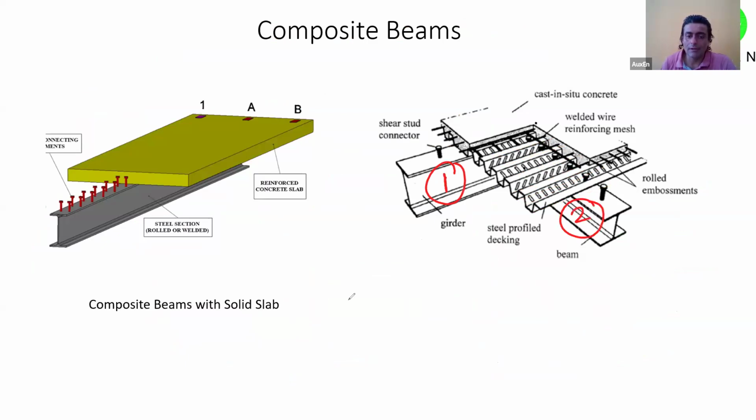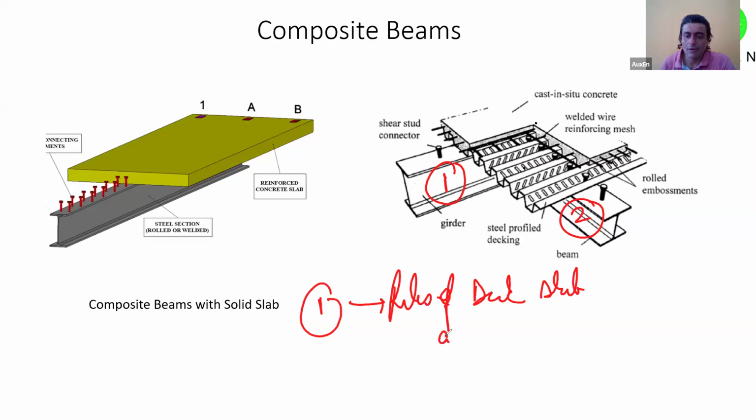Now, for beam number one that I have put on the image, are the ribs of the deck slab along the beam span, or perpendicular to the beam span? Are the ribs parallel, or perpendicular, are along or parallel to the beam span. Clear?